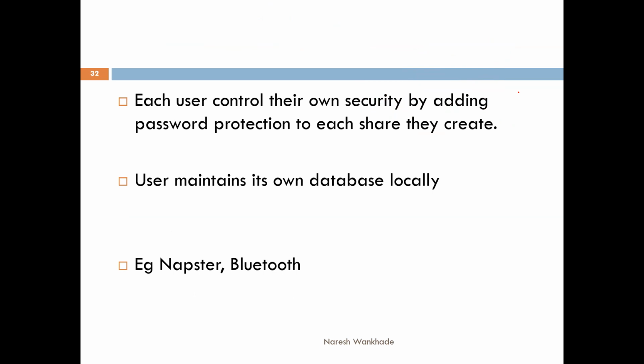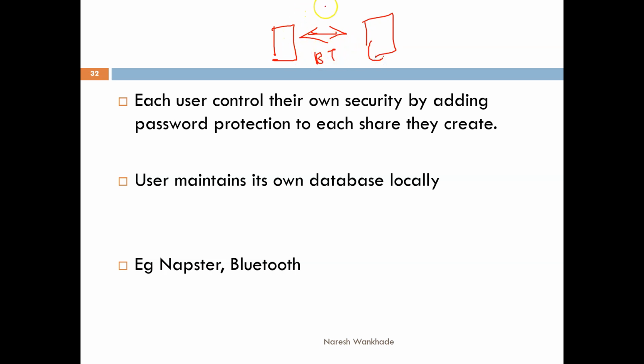In this peer-to-peer network, each user controls their own security by adding password protection to each share they create. We can consider the example of Bluetooth, if you want to share data between two mobile phones or two systems with the help of Bluetooth.